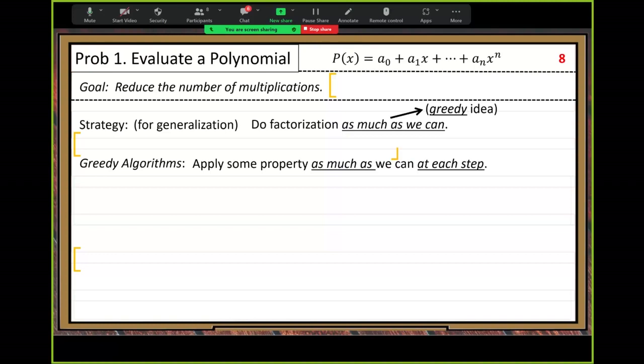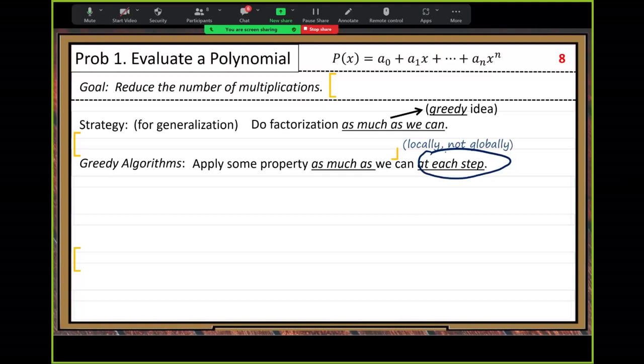That's the greedy strategy, greedy algorithm. So we do the greedy strategy at each step.